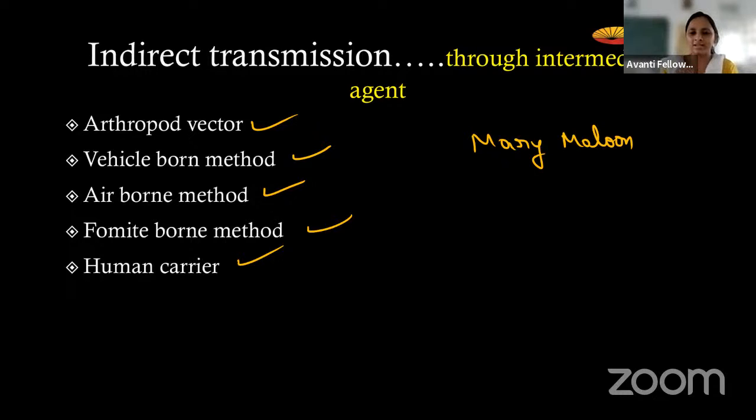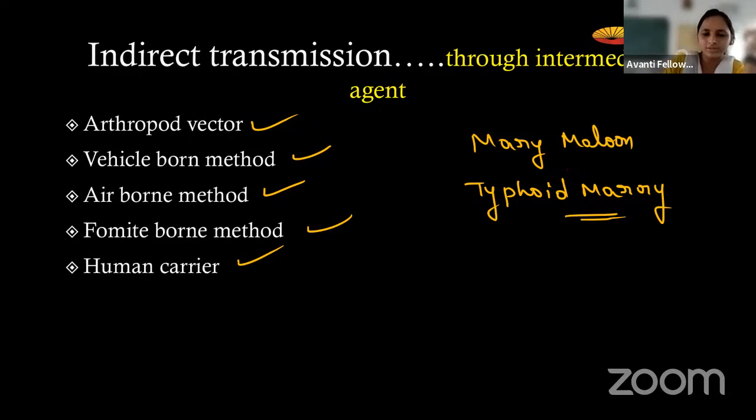All the patients told a similar thing, that they used to eat at Mary Mallon's hotel, or food made by Mary Mallon. Then she was tested, and they came to know that Mary Mallon is the typhoid carrier. Through her, typhoid was transmitted. That's why we later called her Typhoid Mary.